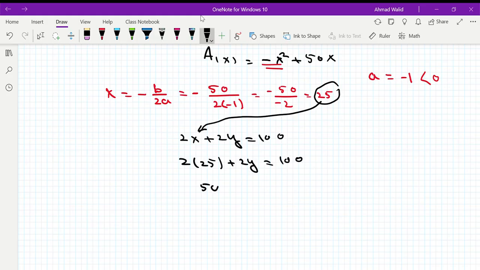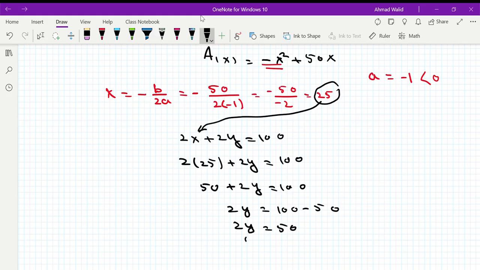It means 50 plus 2y equals 100. 2y equals 100 minus 50. It means 2y equals 50, right? It means y equals what? 25. It means the length and the width of the rectangular shape that you want to choose should be the same, 25 yards and 25 yards. You can use it, and it gives you the maximum area.